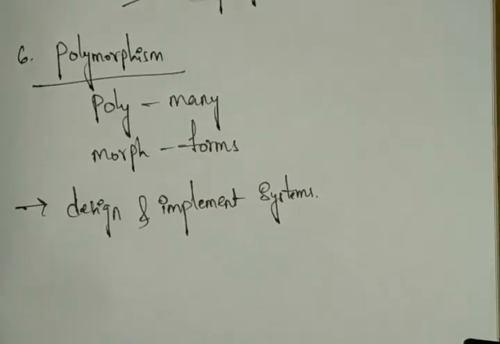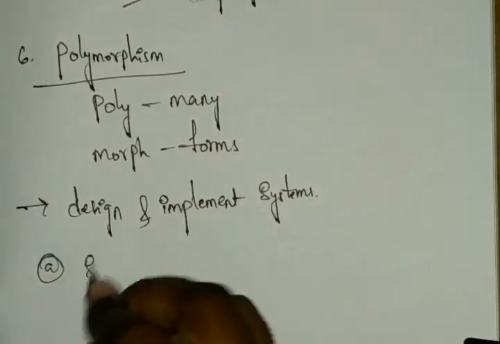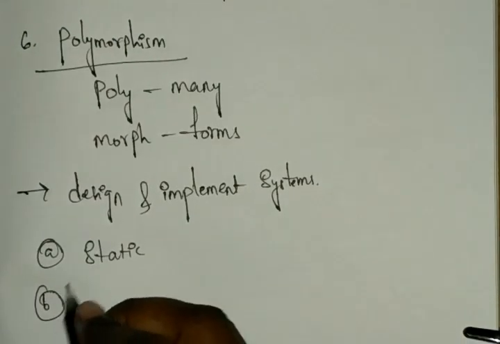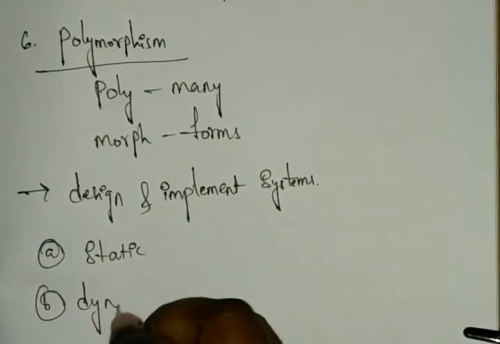Polymorphism can be done in two ways. One is static polymorphism and the second one is dynamic polymorphism.